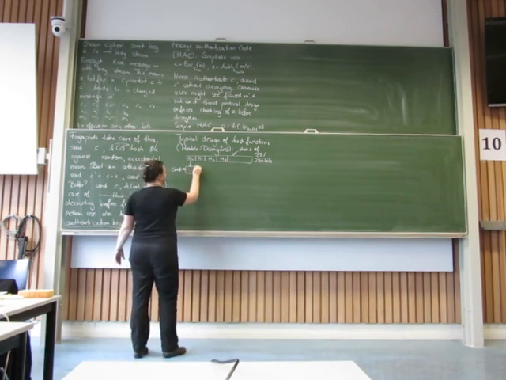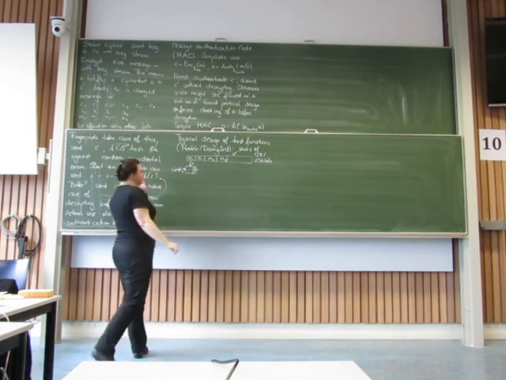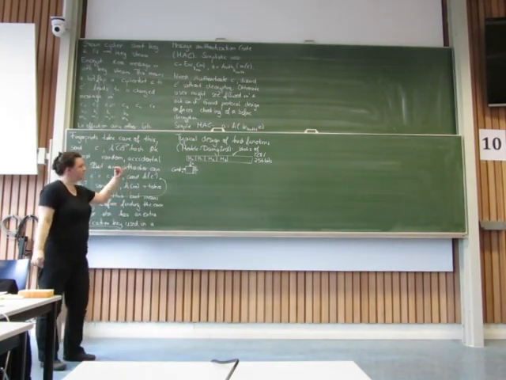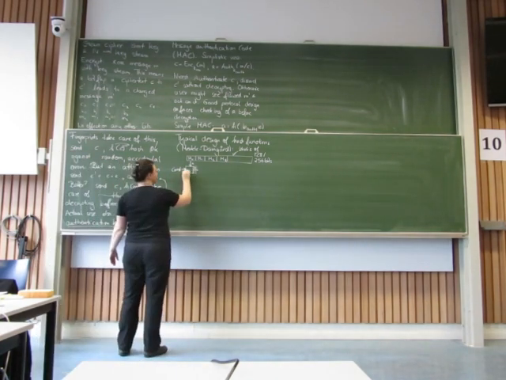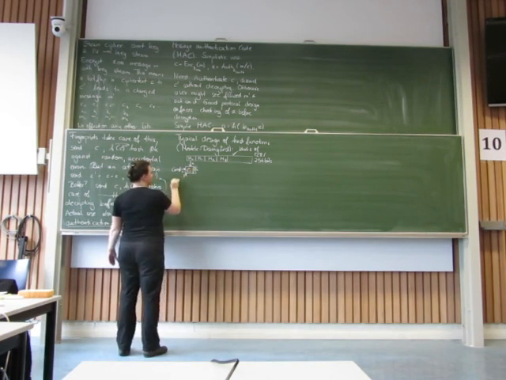So this will be n bits, this will be n bits, and it outputs n bits. So it compresses 2n bits to n bits. This is our function big C, the compression function.